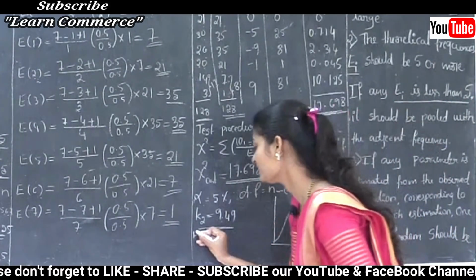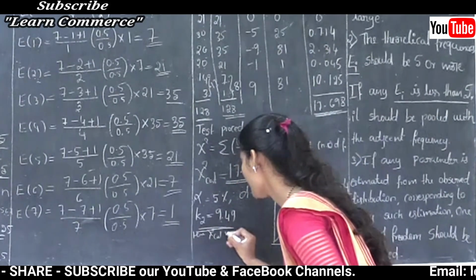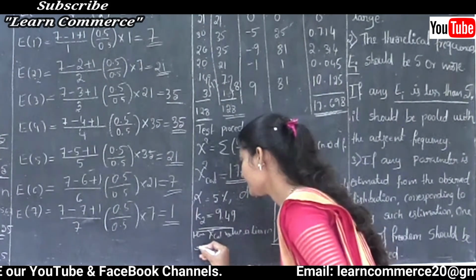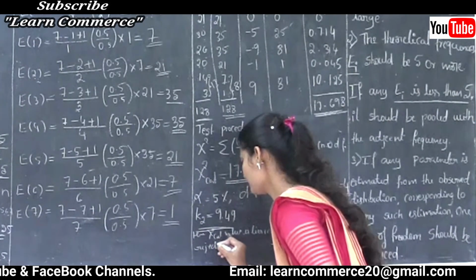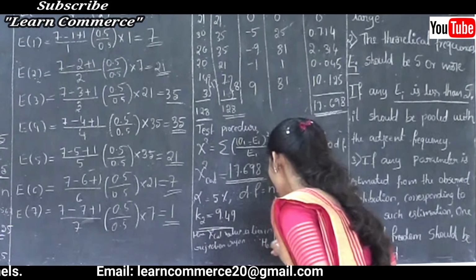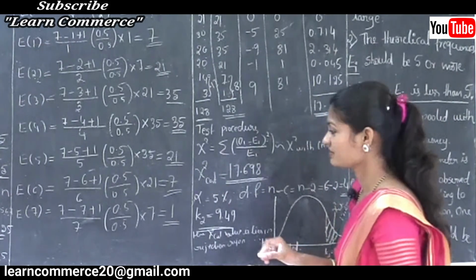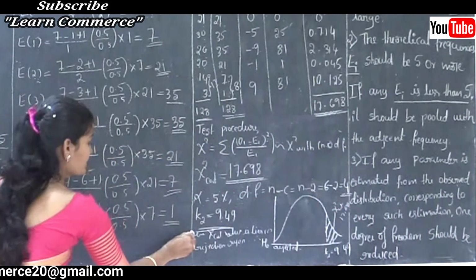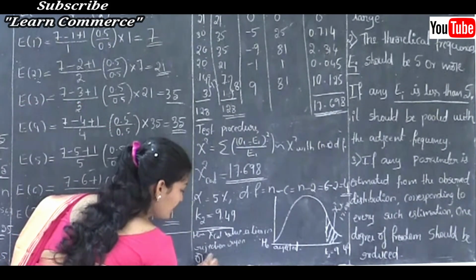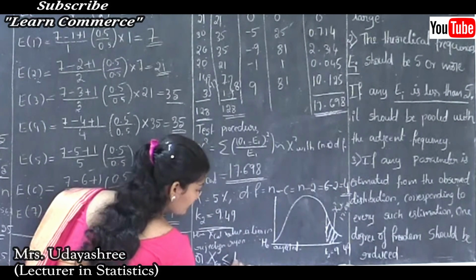Here the calculated value lies in the rejection region, therefore H not is rejected. I will write it here because there is no space. One more condition is chi-square less than or equal to K2.